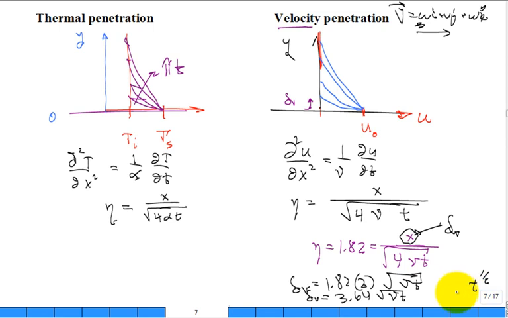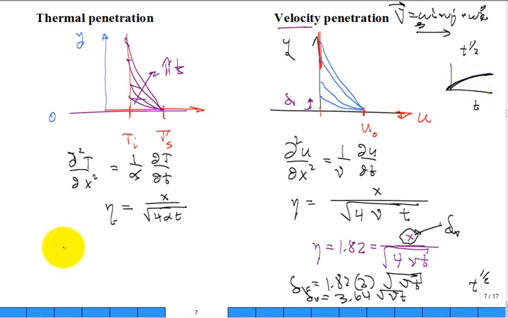It'll grow more rapidly initially and then slow down the rate of growth deeper into the fluid as time marches on. If somebody says, I want you to plot the function t to the 1/2 as a function of t, does it look like this? Does it look like this? Does it look like that? What does it look like? The last one I drew. True? So it grows rapidly and then slows down on the growth.